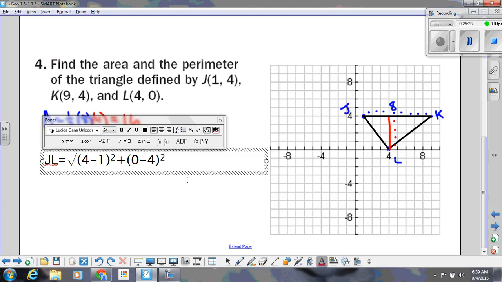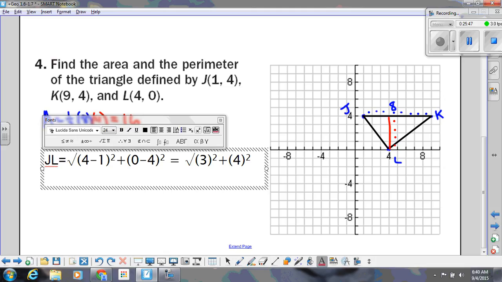So what is that going to give me? That's going to equal the square root of 3 squared plus 4 squared, and that's going to equal the square root of 9 plus 16, which is going to equal the square root of 25.